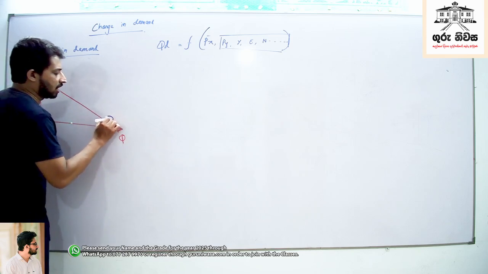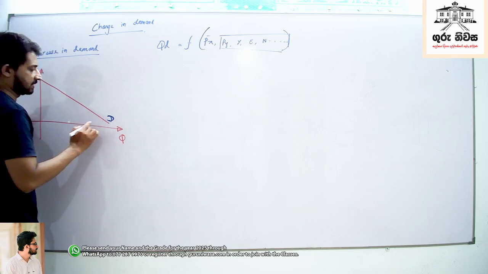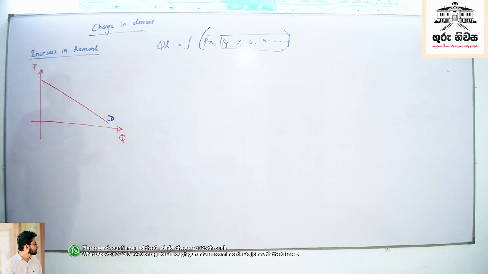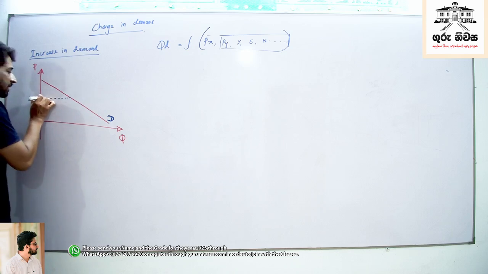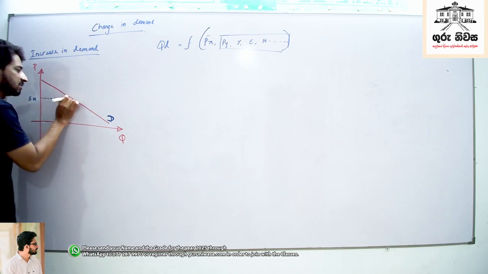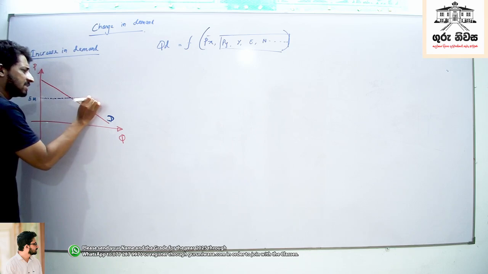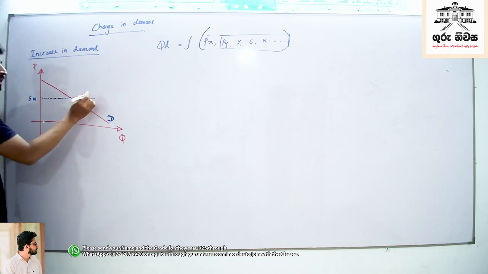This is the demand curve for cars. My concerned product is cars. Assume average price is 5 million. The product price doesn't change; car price stays at 5 million.